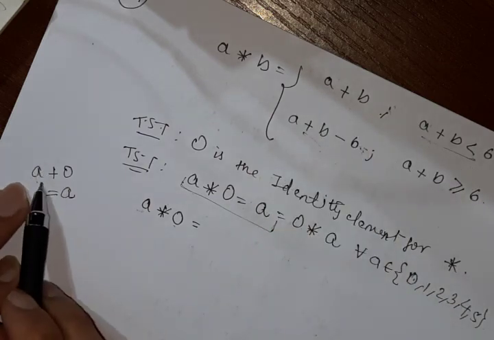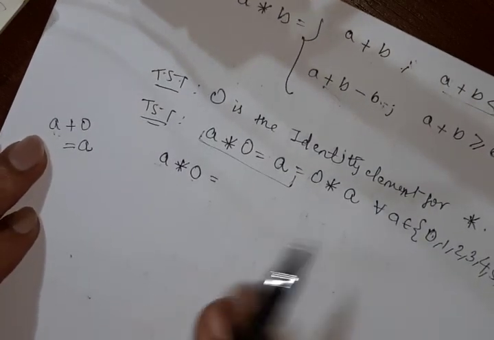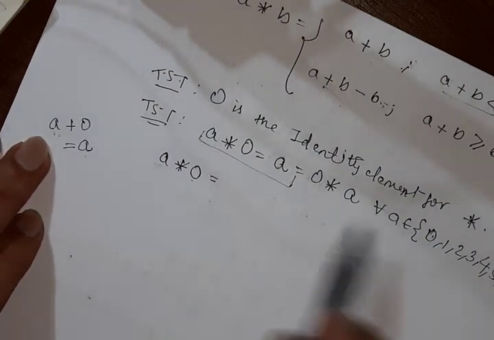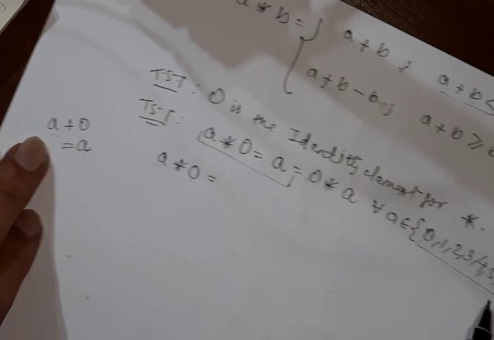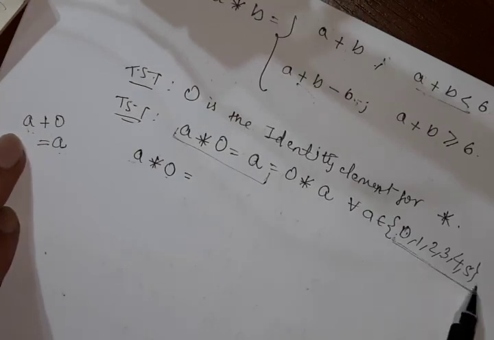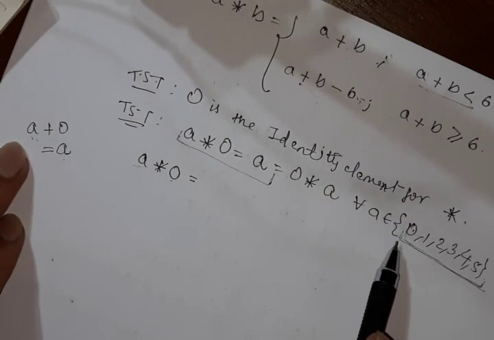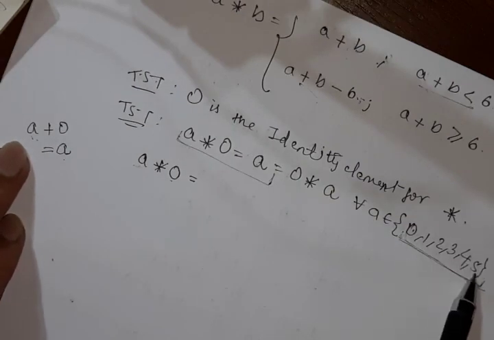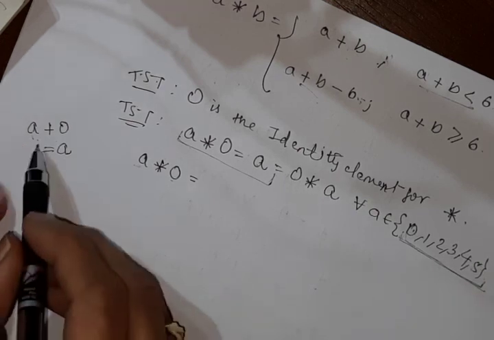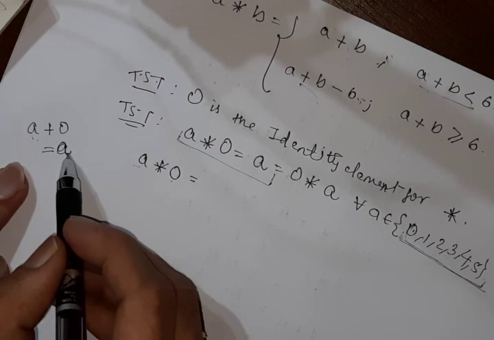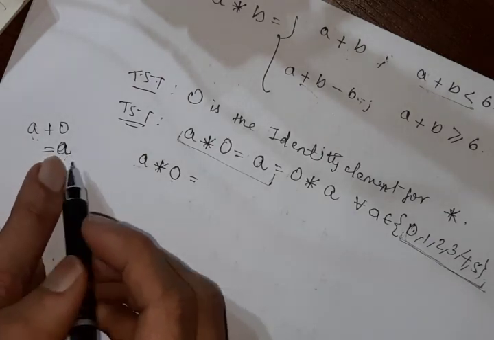So the sum A plus 0 is equal to A, and A is in this set. A can be at most 5, so this can never be greater than or equal to 6.